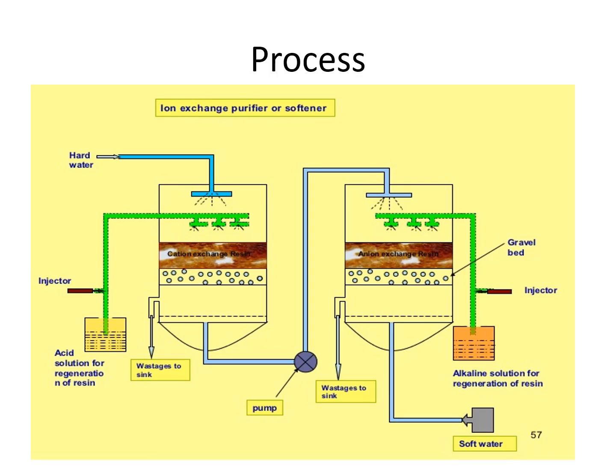In order to carry out this ion exchange process, we have two columns, column 1 and column 2. The first column is filled with cationic ion exchange resin, that is RH plus, and the second column is filled with anionic ion exchange resin, that is ROH minus. Below this we have a layer of gravel bed.